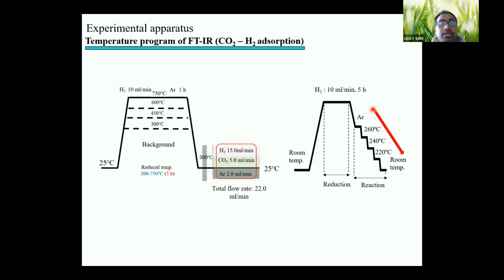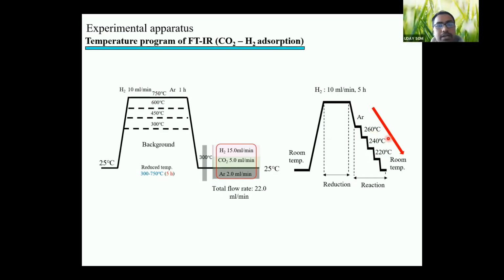I show the reaction pathway and the reduction pathway. Room temperature is 25 degrees centigrade. Hydrogen reduction is 5 hours. After that, we gradually increase the temperature.